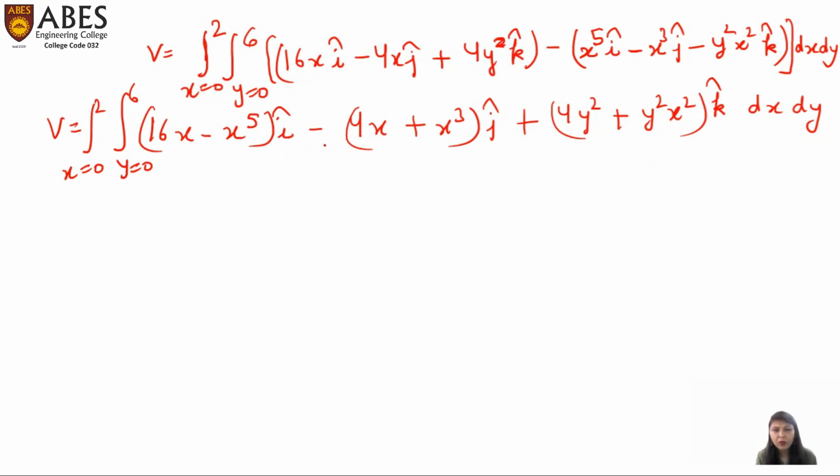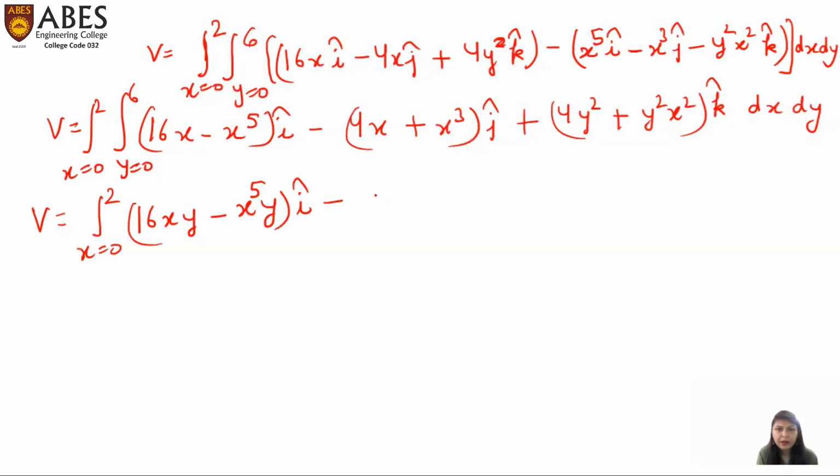So now we have to do the integration with respect to y. V equals integration. When we integrate the first term with respect to y, we get 16xy minus x to the power 5 y i cap, minus 4xy plus x cube y j cap, plus 4y cube upon 3.